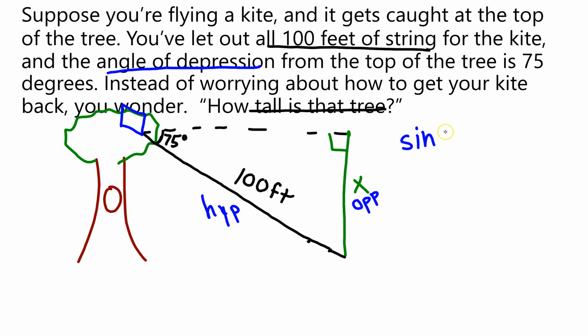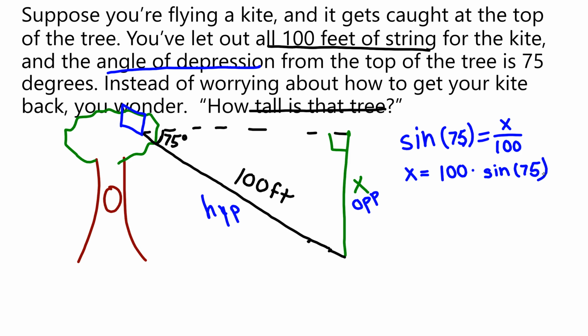So we're going to use sine of our angle, because the angle always goes with the trig function. Sine of 75 is going to equal the opposite side x over the hypotenuse 100. From there, we solve by multiplying both sides by 100. We get x equals 100 times the sine of 75.